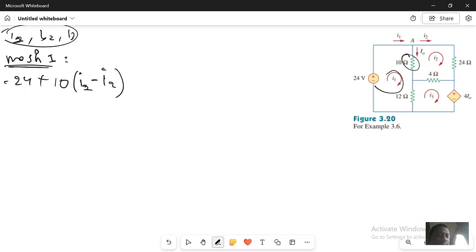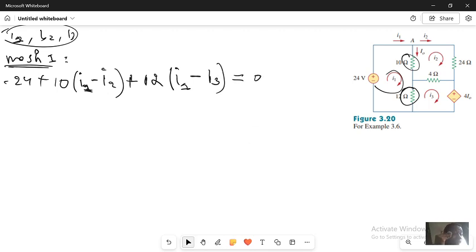I always start with I1, since I am in mesh 1, plus the voltage of this one. The voltage of this one is going to be plus 12 multiplied by, since I am in mesh 1, I will start with I1 minus, this resistor is between mesh 1 and mesh 3, so it's going to be minus I3, equal to 0.